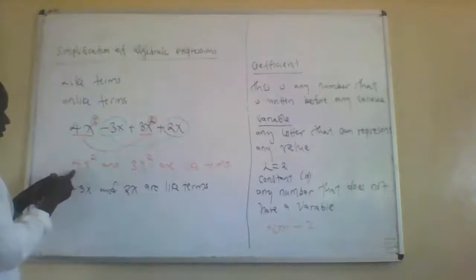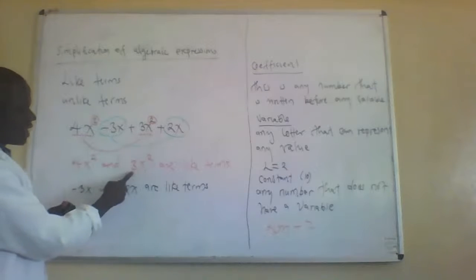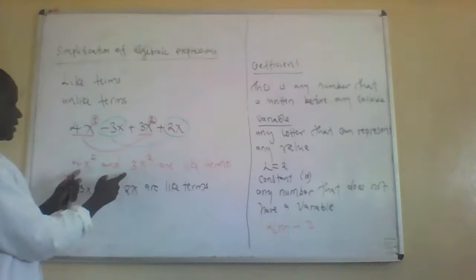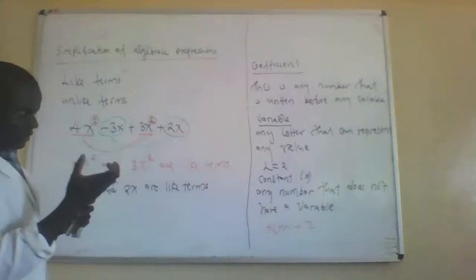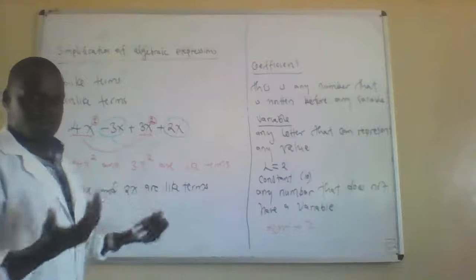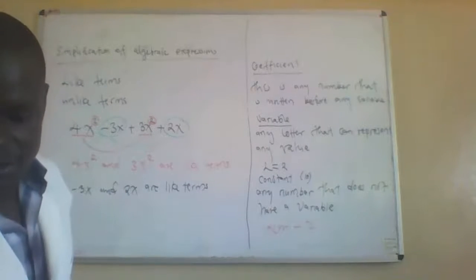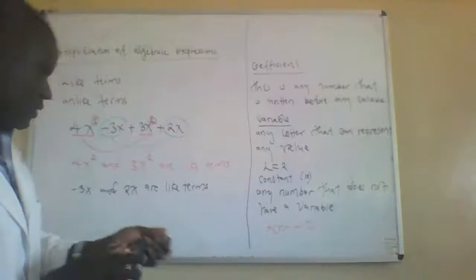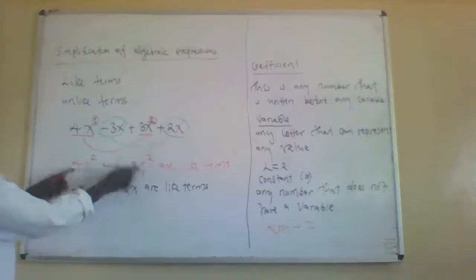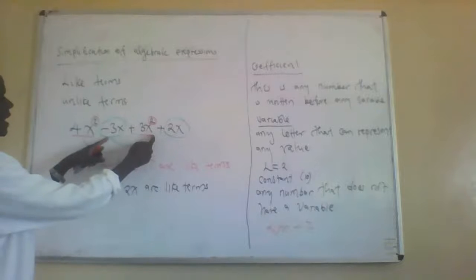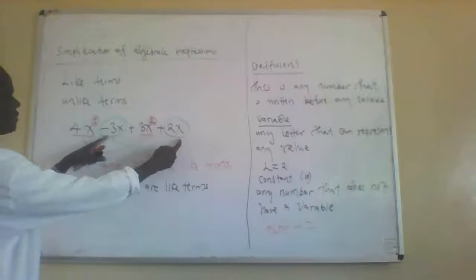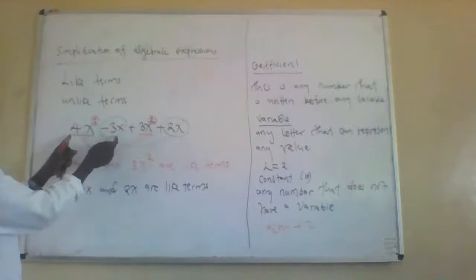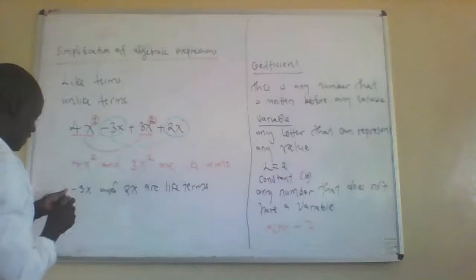As you can see here, the coefficient here was a 4, the coefficient here was a 3. So the coefficient has no role to play in identifying which one is a like term and which one is not. So if these two are like terms and these two are like terms, therefore we can say that the remaining pairs are unlike terms.